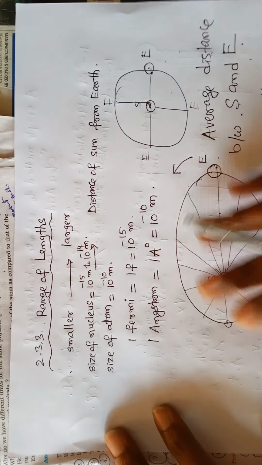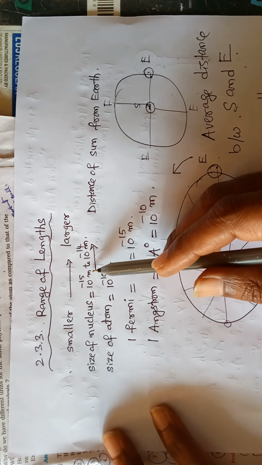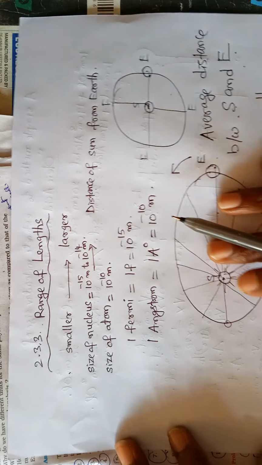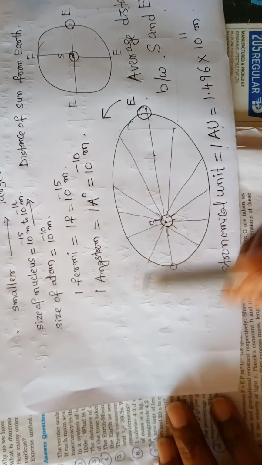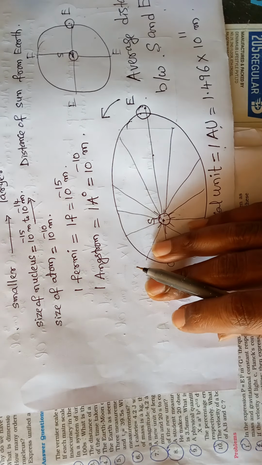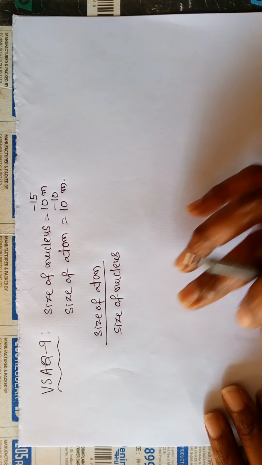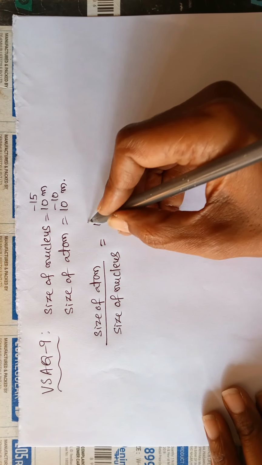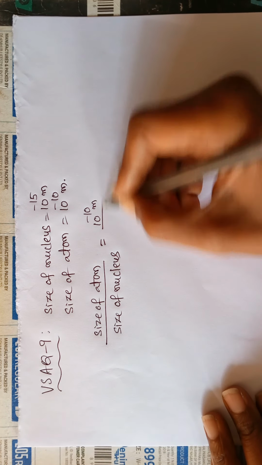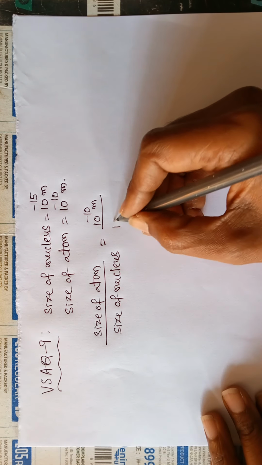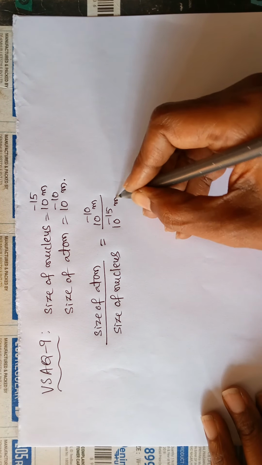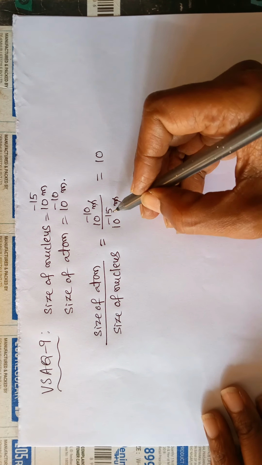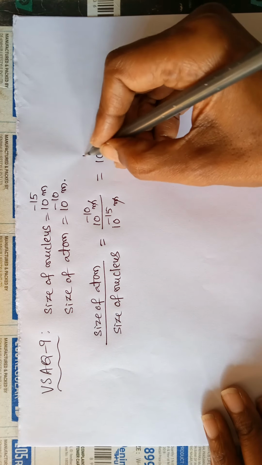See here, size of nucleus is 10 power minus 15 meters. Size of atom is 10 power minus 10 meters. So what shall we do here? Let us take the ratio. Size of atom, 10 power minus 10 meters, over size of nucleus, 10 power minus 15 meters. Meter gets cancelled. When minus 15 is taken to the numerator, you get plus 15.